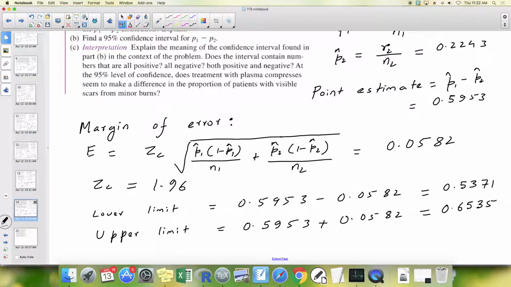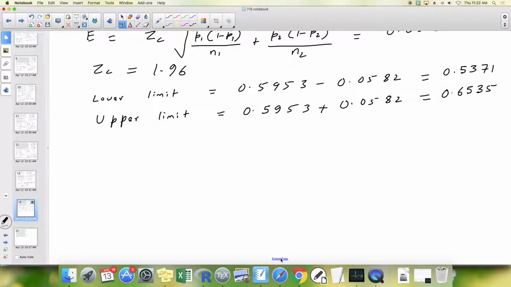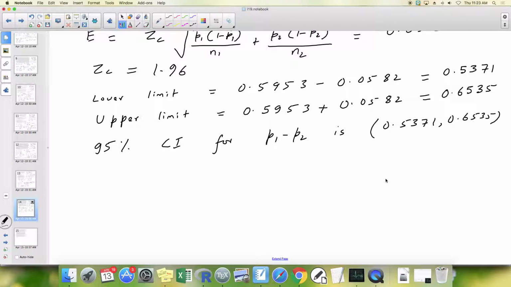Okay. So what's your 95% CI for P1 minus P2? It is 0.5371, comma, 0.6535.